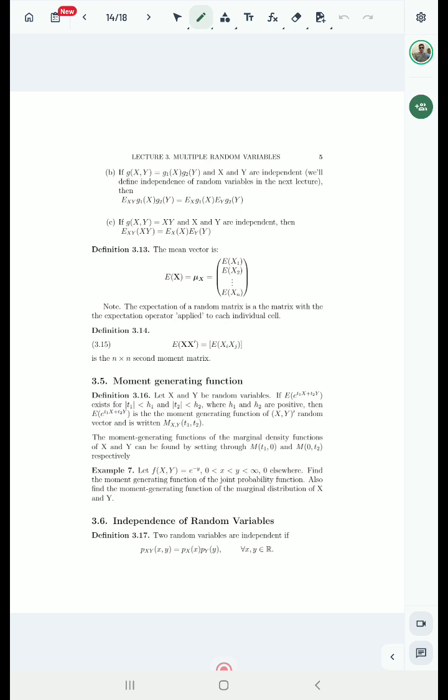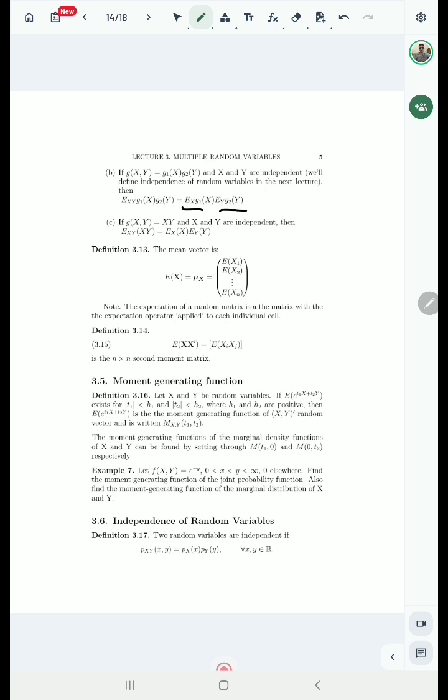So there is a p-weighted function whose arguments are x and y, and if the function can be shown as the product of these two random variables, the first part of which is completely dependent on x and the second part of which is completely dependent on y, then we can actually find the expectation of this p-weighted function as the product of those individual expectations.